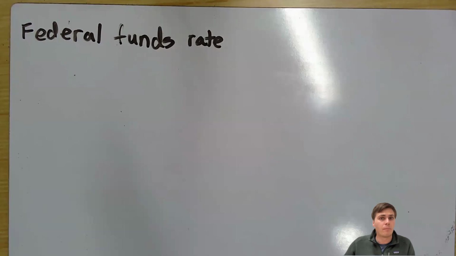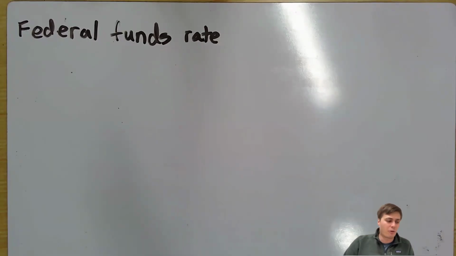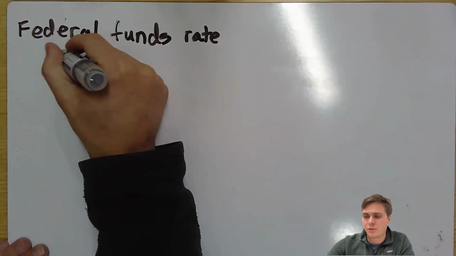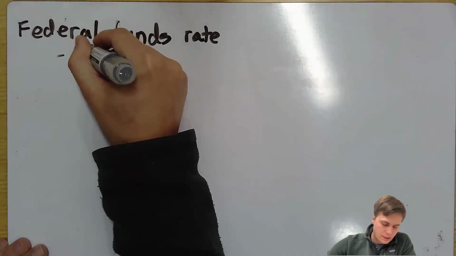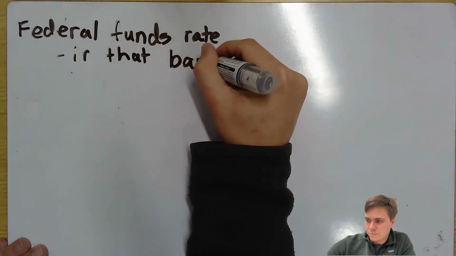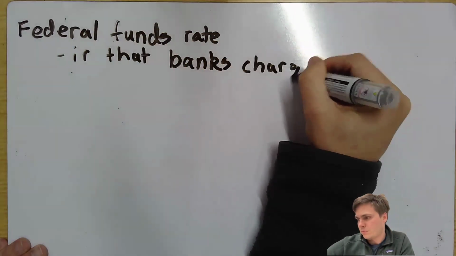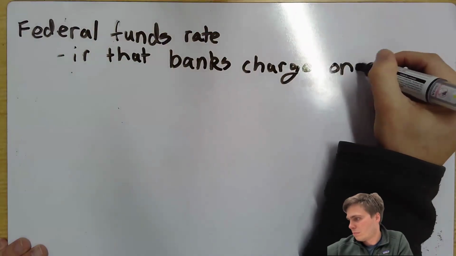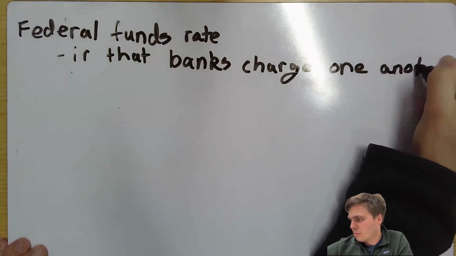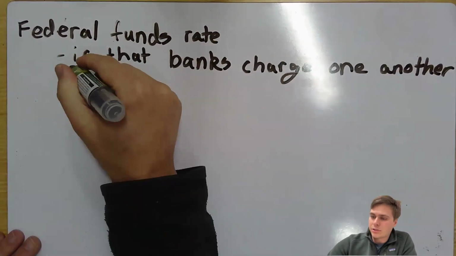They can do that from the Fed. They can also do that from other banks. And the federal funds rate is specifically the interest rate that banks charge one another for 1 day loans.